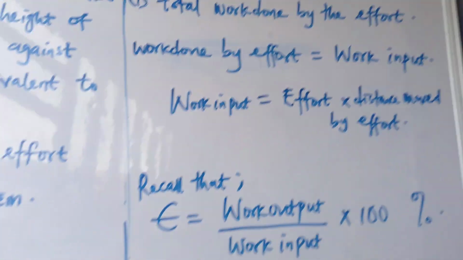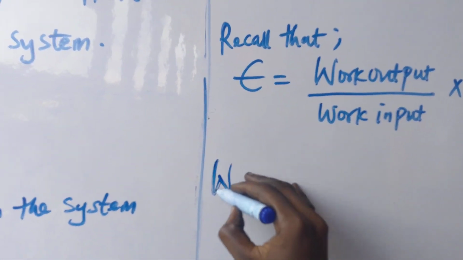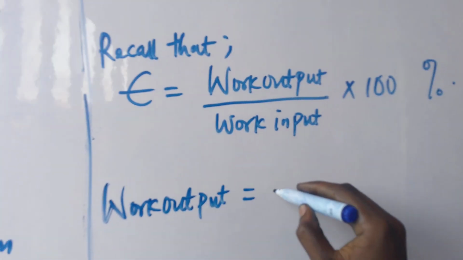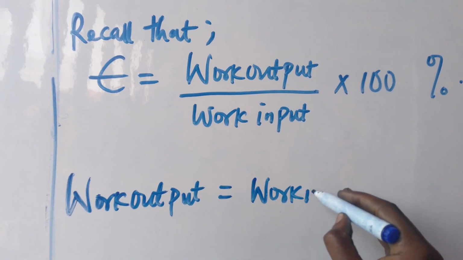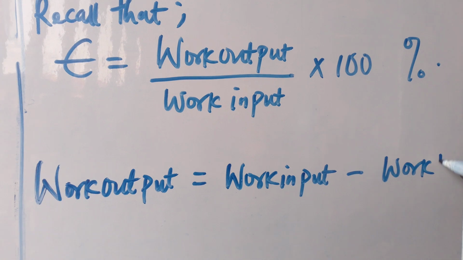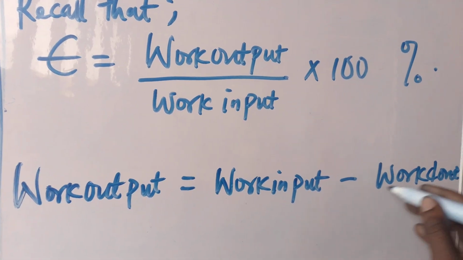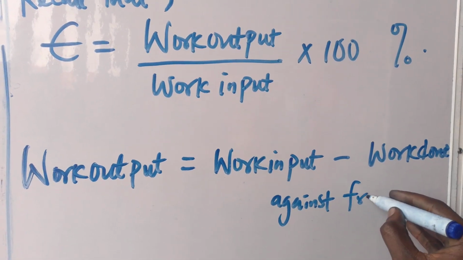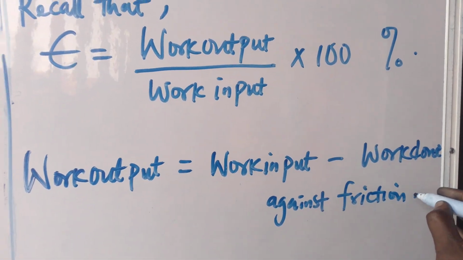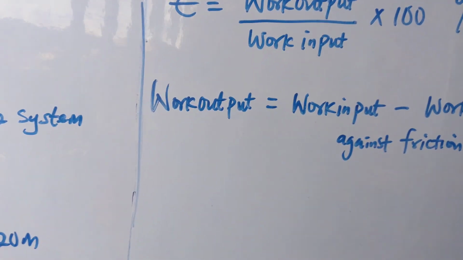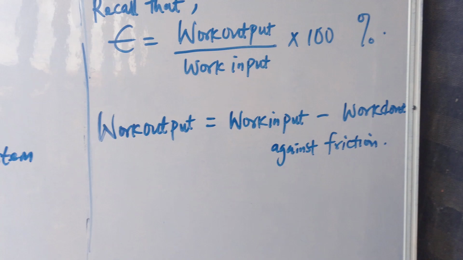Now there is a relationship between the work done against friction and the work input as well as work output. Now we state that work output is equal to work input minus the work done against friction. Right? And we obtained our work output as 1000 joules.